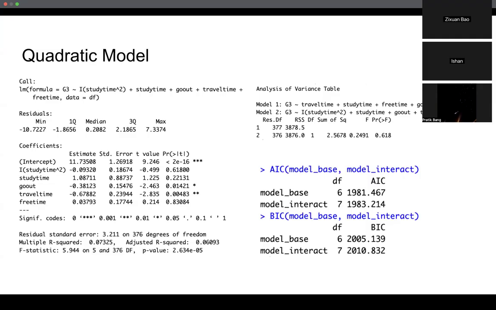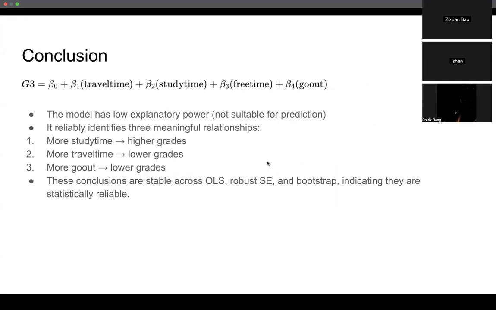It shows that the p-value of the F test is 0.6, which is greater than 0.05. It means that actually there's not a significant difference between these two models. And also the AIC and BIC values tell that the basic model is still better than the quadratic model. So we decided to keep the basic model as it is.